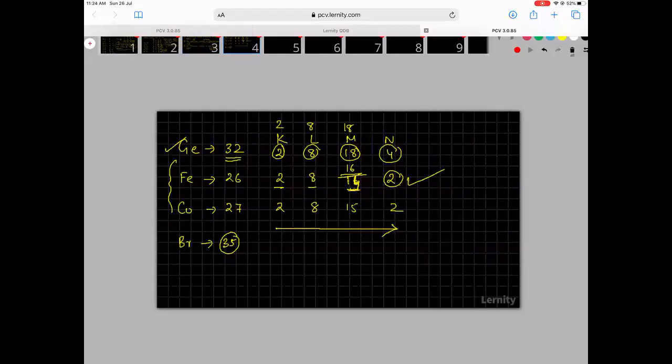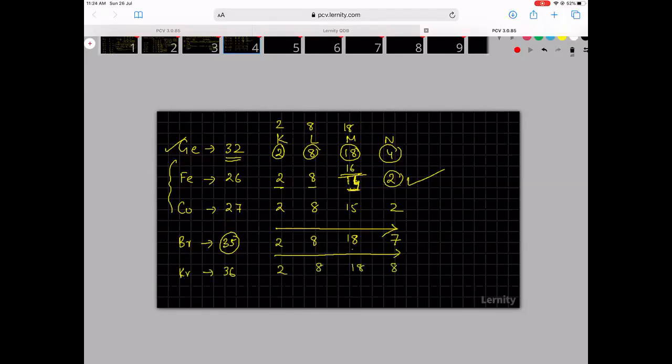Now for bromine, I will fill it up. Here you have 2, then here 8, then here 18. So 2, 8, 18 is 28, so this is 7. So 2, 8, 18, 7. After bromine, the next one is krypton. Krypton is 36, so 2, 8, 18, 8.